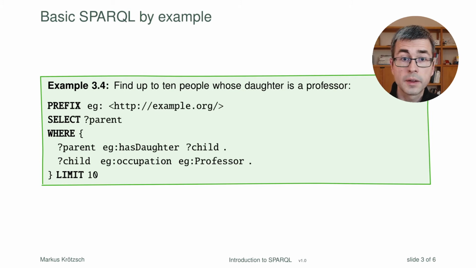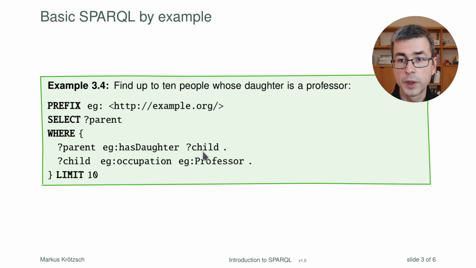Okay, so here's one which finds up to 10 people whose daughter is a professor, using makeshift vocabulary with some suggestive meaning, obviously. So I use a prefix here, e.g. for the example, just to make the IRIs shorter. I want to select the parent, so that's the person with the daughter. And the parent is occurring in this pattern here. It should have a has-daughter relationship to something which we call child. And here you see for the first time a variable which does not appear in select can also be used in the pattern if we need some more unknown nodes that we would like to refer to.